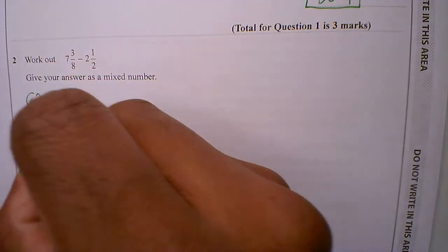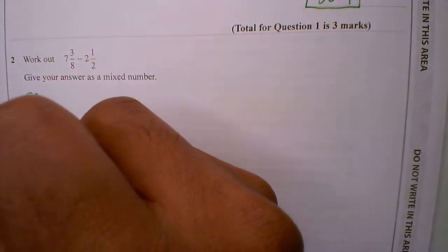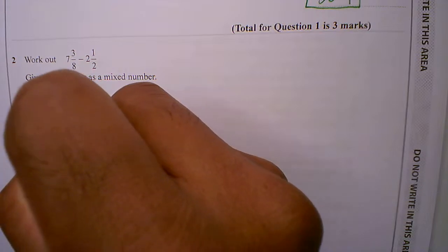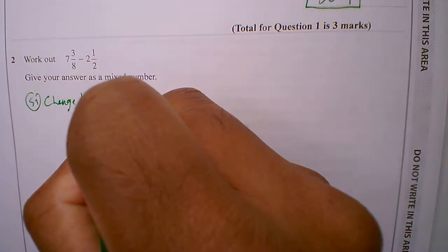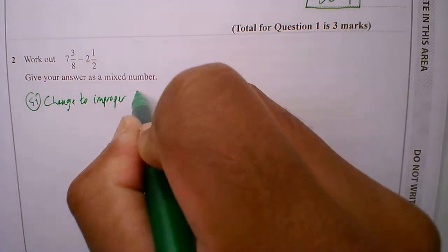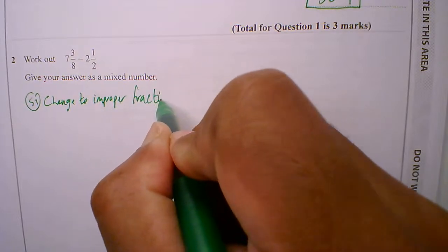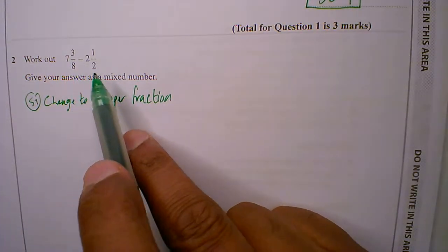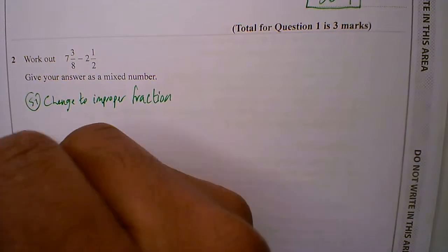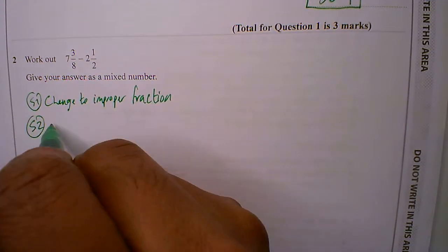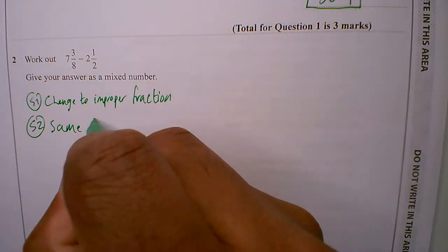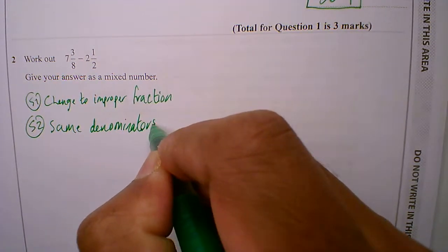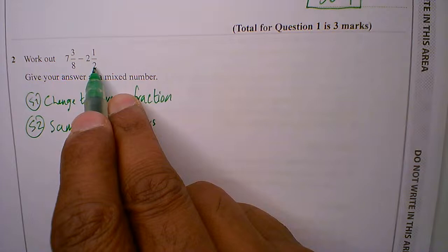So step 1, I need to change this to improper fractions. That means my top number, numerator, will be bigger than my denominator. Once I've done that, I need to check if I have the same denominators. As you can see, I've got 8 at the bottom here and 2 at the bottom there.